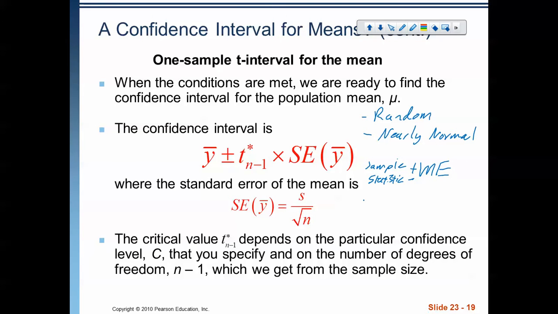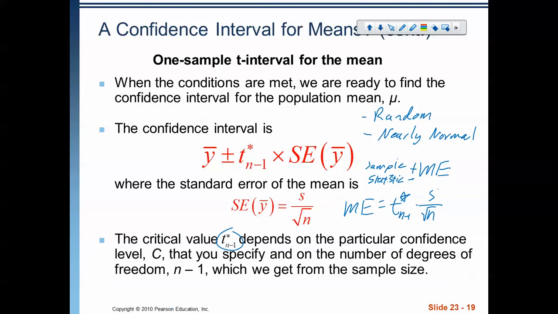In this case, our margin of error is defined as our critical t-value, addressing that it's a t model instead of a z model, times our standard error, which in this case again is the sample standard deviation over the square root of n. This critical value depends on two things now.